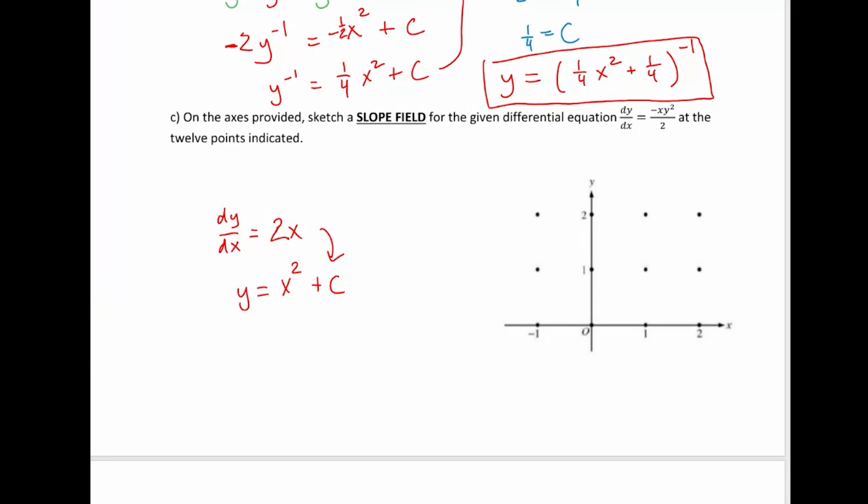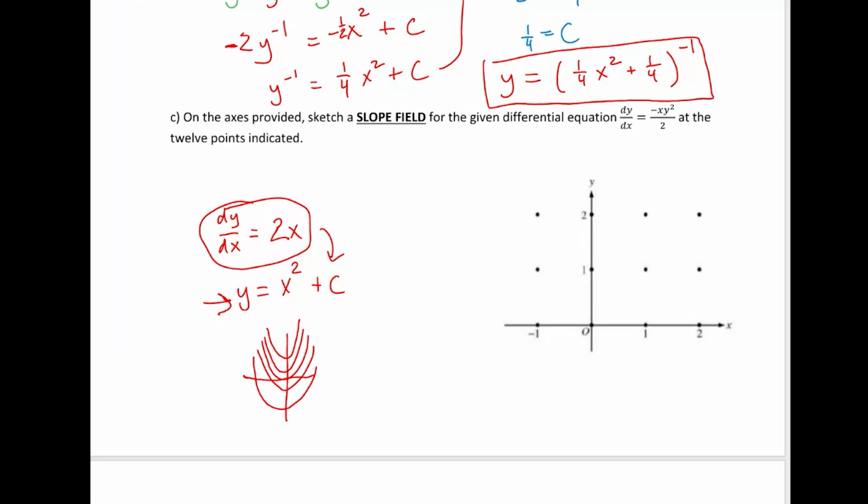So let's say we wanted to graph all the solutions of dy dx equals 2x. Well, the solutions there would be all equations that fit this function, y equals x squared plus c. So somehow we'd have to graph y equals x squared plus 0, y equals x squared plus 1, y equals x squared plus 2, and so on, even with x squared plus negatives.